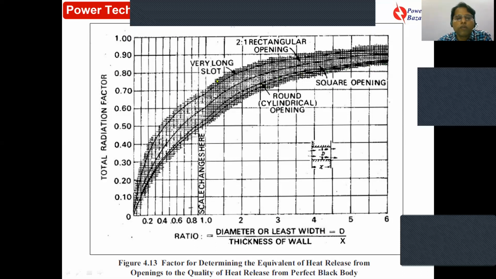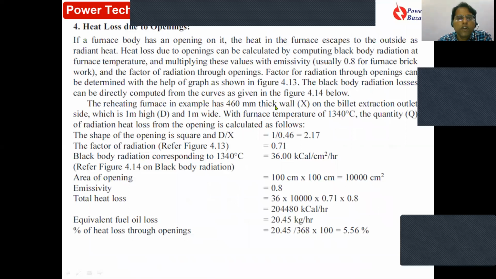This is how, from this curve of equivalent heat release from the opening relative to the perfect black body, we can find out the factor. In this case, it is 0.71. Now, black body radiation corresponding to 1340 is equal to 36 kilocalorie per cm square per hour.